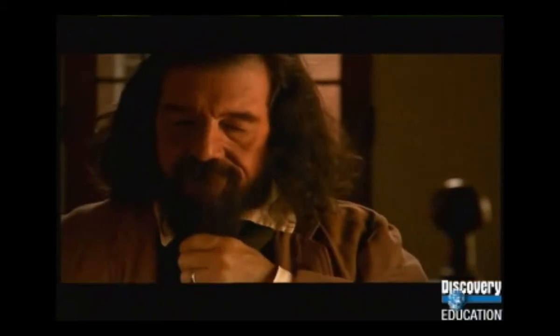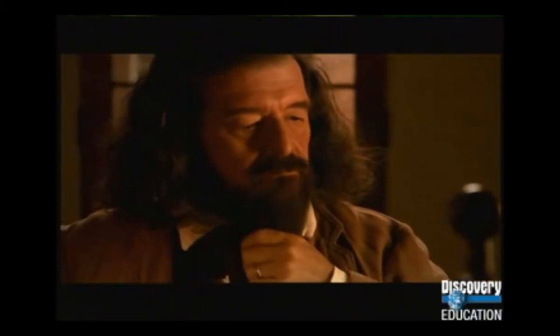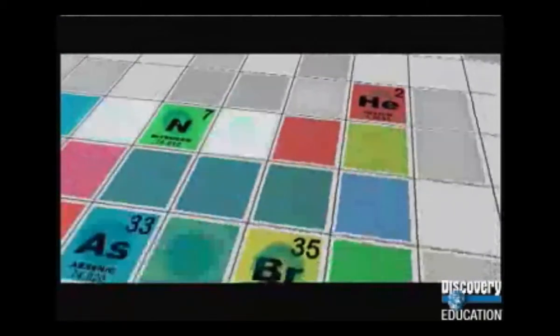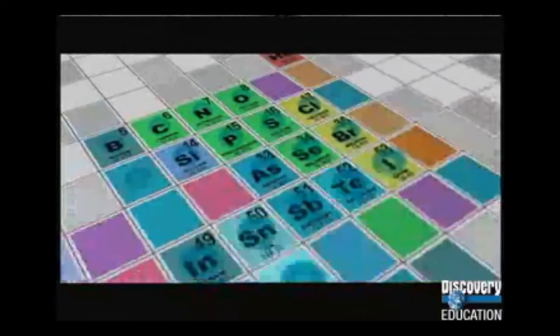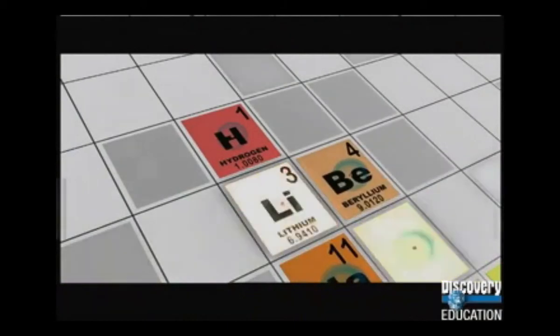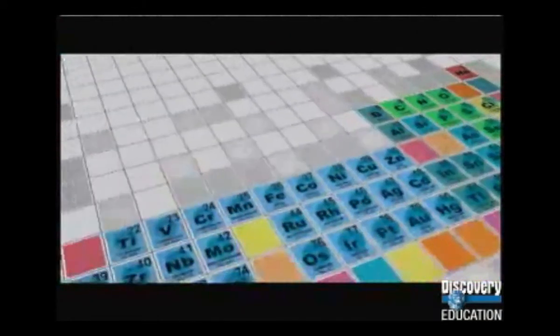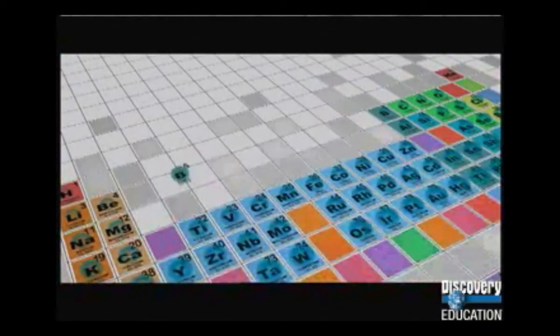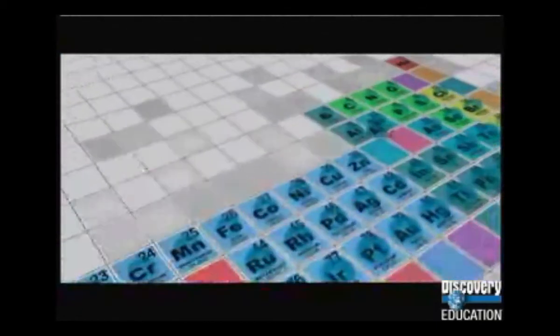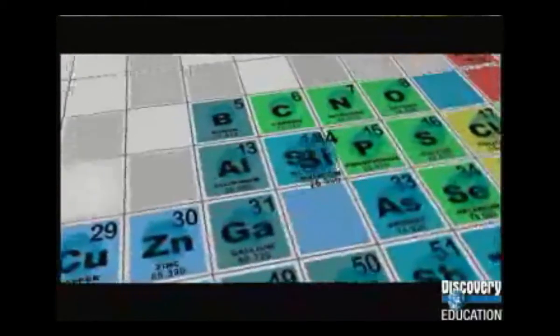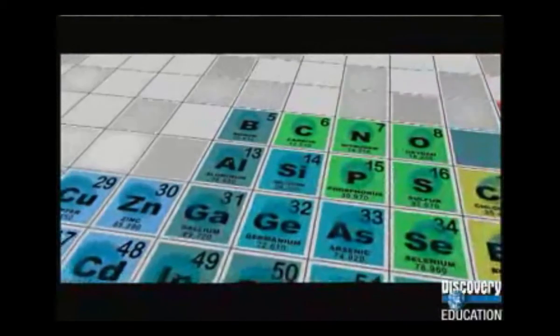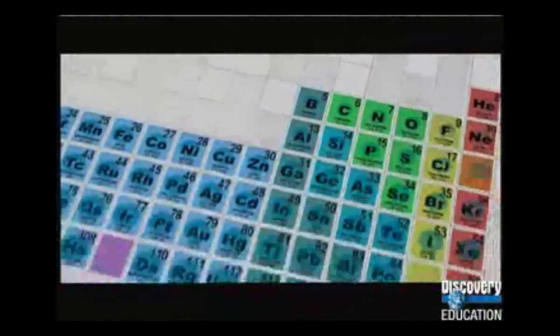Mendeleev had discovered the periodic table of the elements, a map showing how all the elements related to one another. A map so precise that Mendeleev believed he could also use it to predict the existence and properties of 3 elements no one had yet discovered. One would be like boron, he said, one like aluminum, and one like silicon. Eventually, the elements were discovered, and Mendeleev was proven right.